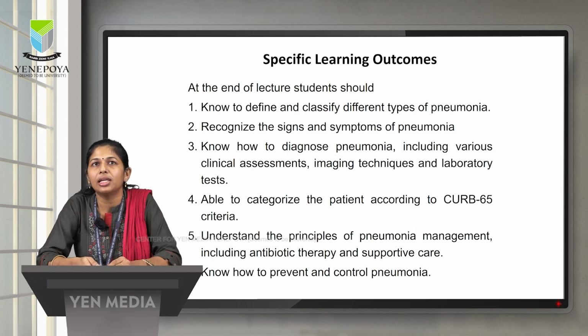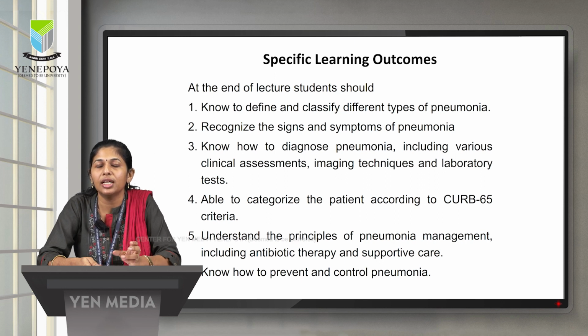These are the specific learning outcomes. At the end of this lecture, students should know how to define and classify different types of pneumonia, recognize the signs and symptoms of pneumonia. Students should know how to diagnose pneumonia, including various clinical assessments, imaging techniques and laboratory tests. Students should be able to categorize the patients according to the CURB-65 criteria.